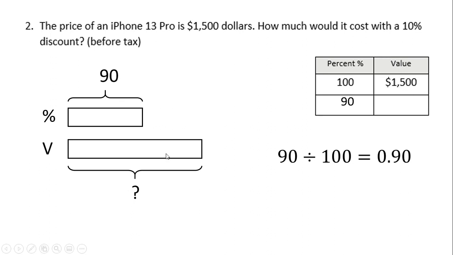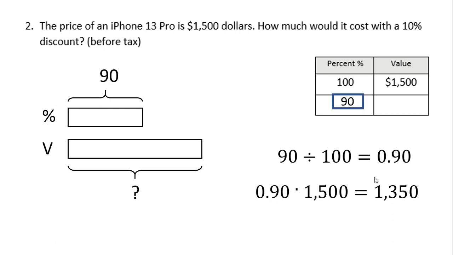There are 1,500 groups down there, each worth 0.90, for a total of $1,350. Again, we're starting with what we know, 90 in the table. We're dividing by 100 above it, and we're multiplying by the value of 100. Again, we're going sort of in a circle, always starting with division, moving on to multiplication. And the model is showing us why.